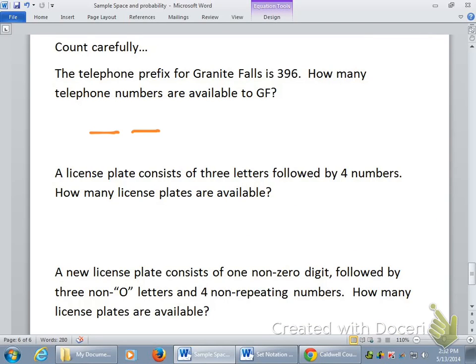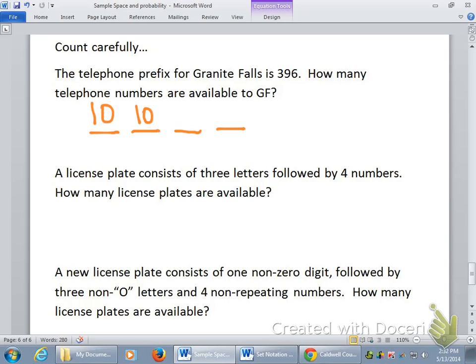4 numbers after that. Well, what kind of numbers could go here? 0 through 9. How many digits is that? 10. There's 10 possible numbers that could go here. How many could go here? There are still 10 choices for those numbers, right?